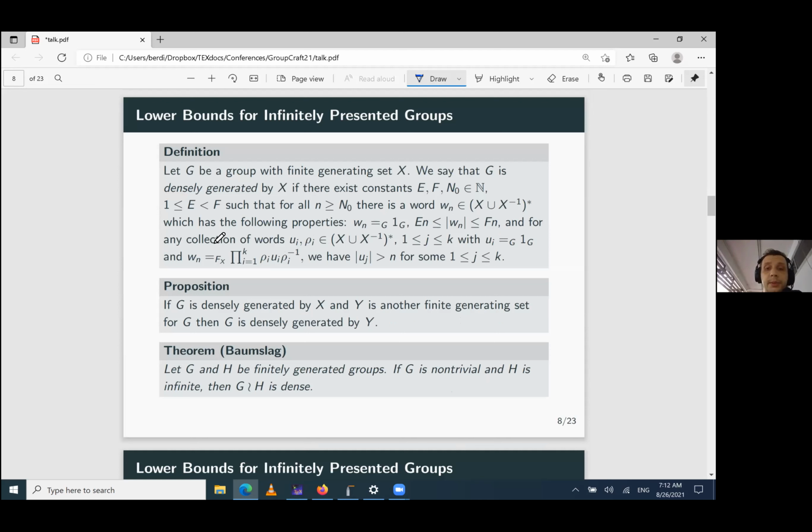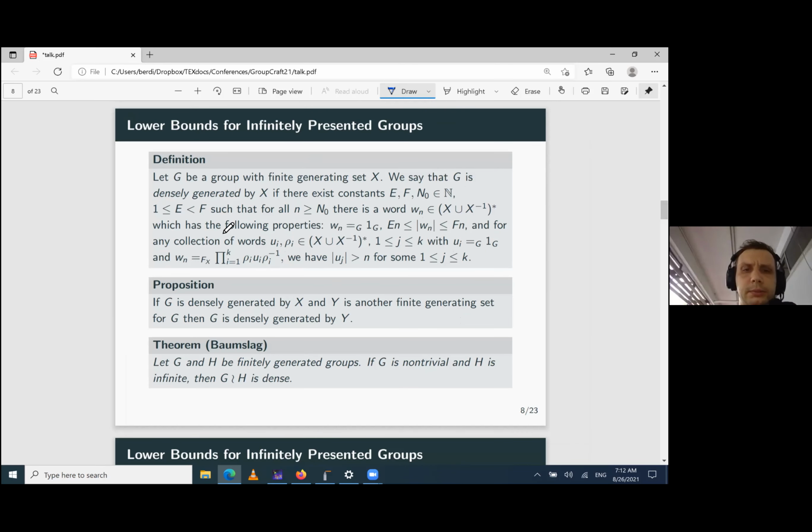And for infinitely presented groups, you can do a similar thing. If you, for example, assume that your group is so-called densely generated, you can look at the formal definition here. But if you want to think about examples, then all these restricted wreath products give you examples of densely generated, infinitely presented groups.